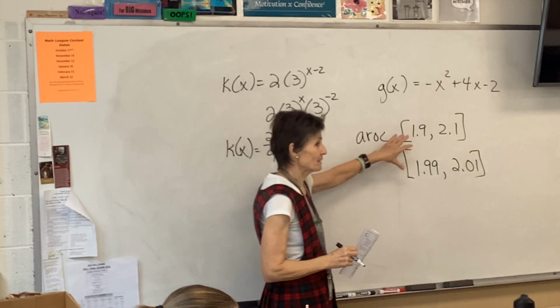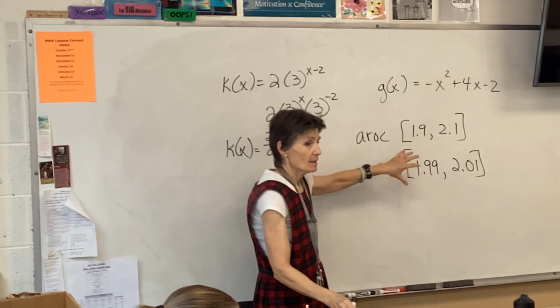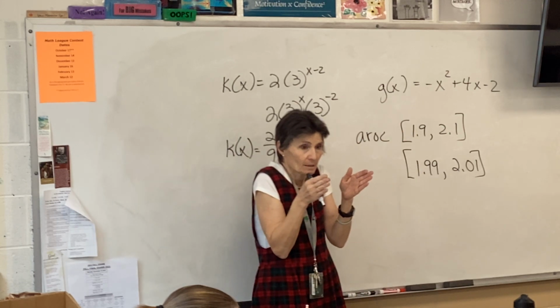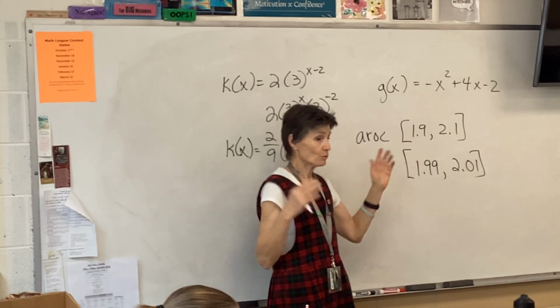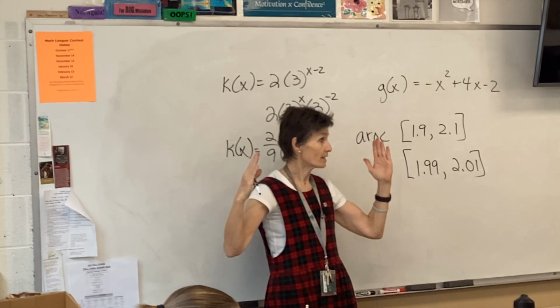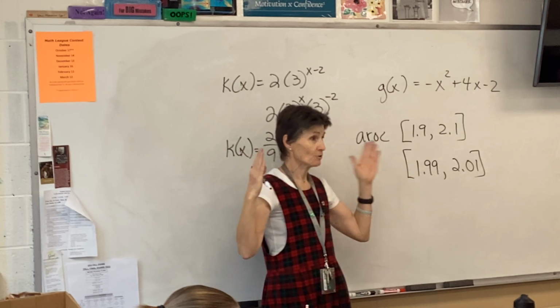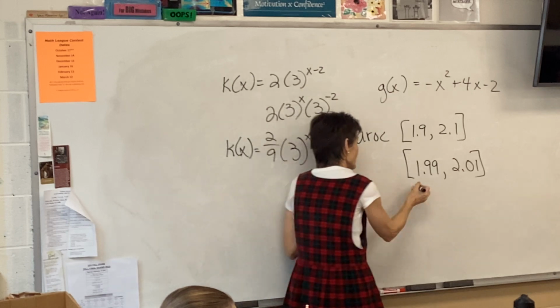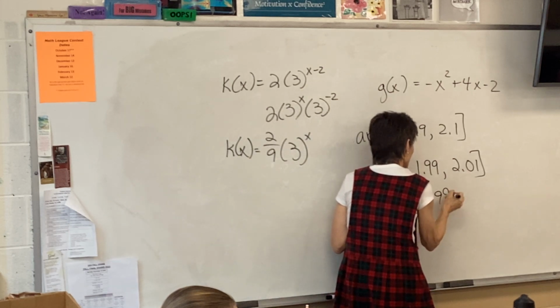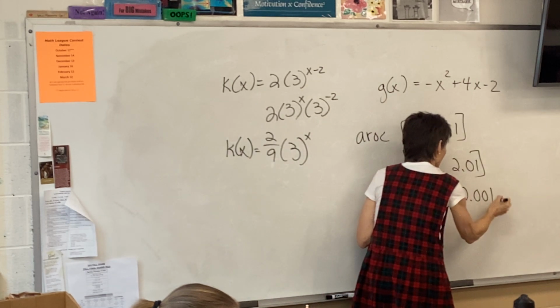Okay, now, what happened here? In this one, you're doing the average rate of change from here to here. In this one, you're doing the average rate of change from here to here. Well, what if we did 1.999, 2.001?